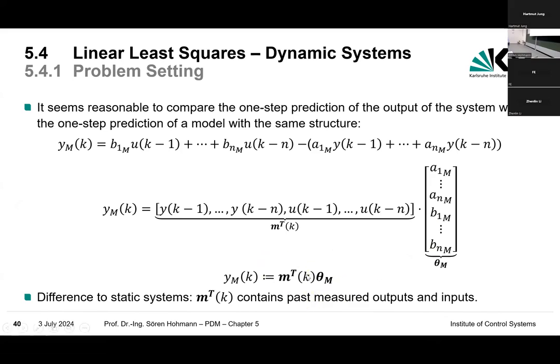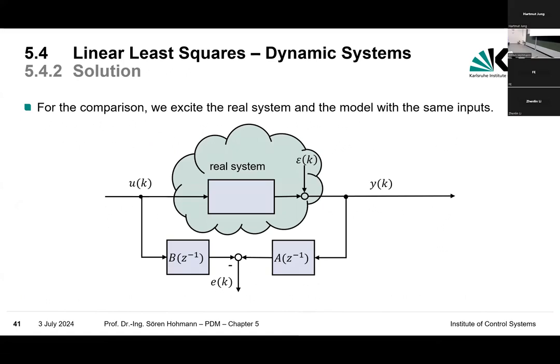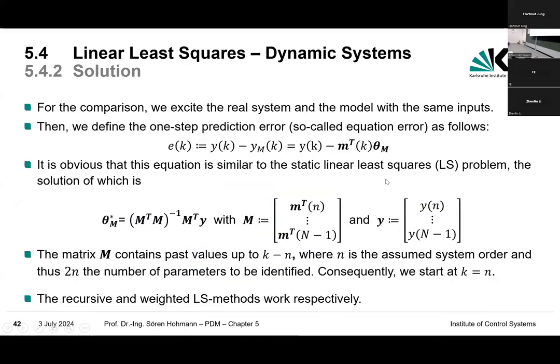And now I do exactly what I said. Let's compare YM with the measured Y. I do a comparison, and I will come to this picture later, between the actual output, the measured output, and my predicted output via this kind of model.